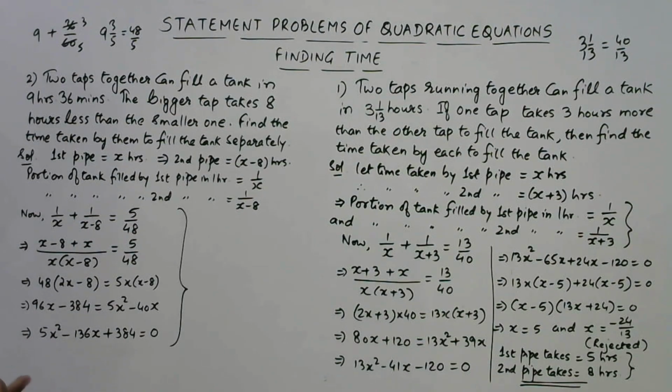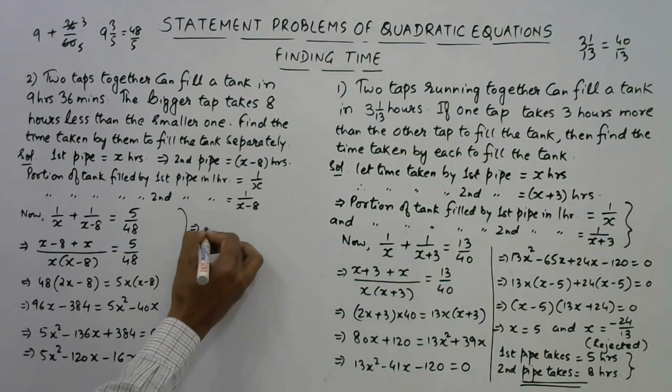So let me try and solve it for you. Here, the factors which I am taking are 120 and 16. Consequently, you can take common.